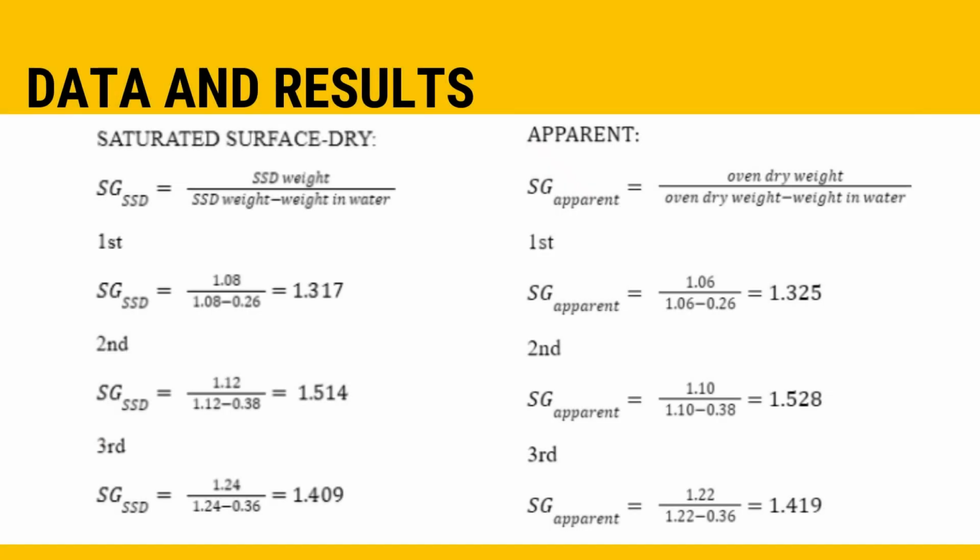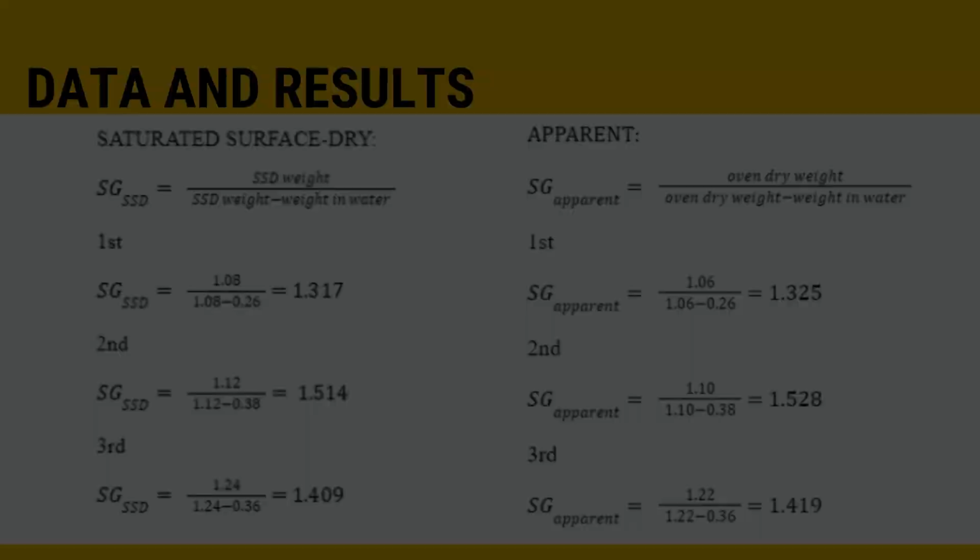So to solve for saturated surface dry specific gravity, the saturated surface dry weight should be divided by the saturated surface dry weight that is subtracted by the weight in water. And to calculate apparent specific gravity, the oven dry weight should be divided by the oven dry weight that is subtracted by the weight in water, and these are the obtained results using the formula.